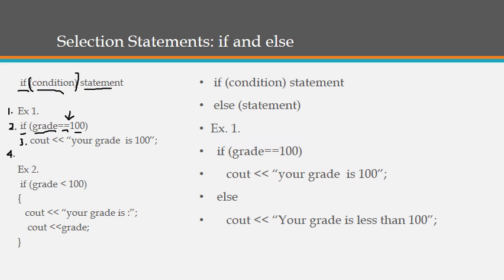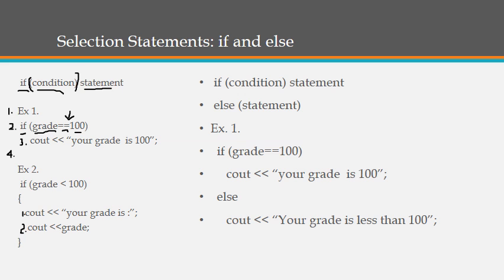There is another example where we see a group of statements falling under this selection statement. If the grade is less than 100, then we have two substatements. These substatements would say your grade is and display the grade on the screen.